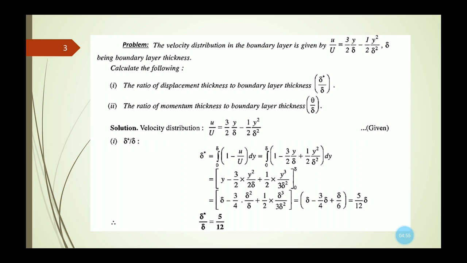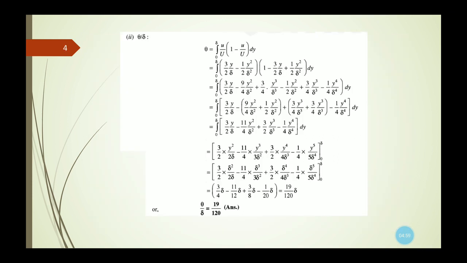Let us move to the next part, the ratio of the momentum thickness to the boundary layer thickness. In a similar manner, we first write the formula of the momentum thickness, which is integration 0 to delta of small u by capital U times 1 minus small u by capital U dy.